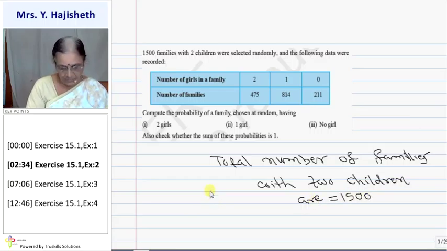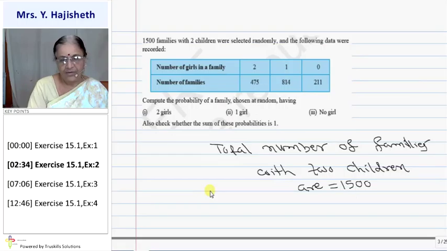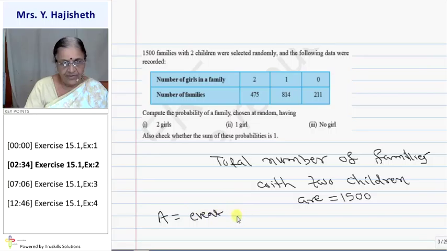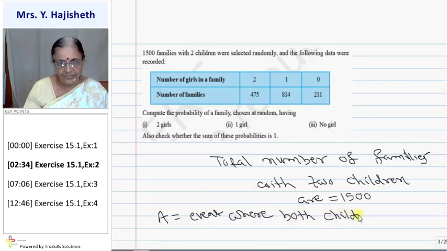Suppose I assume A is an event where both children are girls.